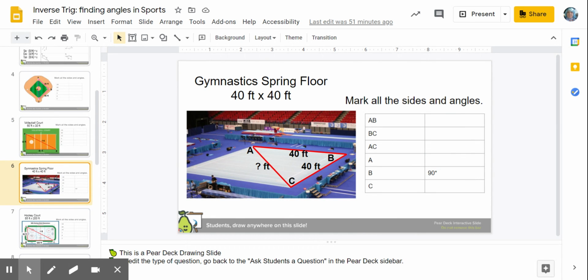Gymnastics, okay? What do I know about the gymnastics floor? A and B is 40. C and B is 40. B is 90 degrees. So what should we do first?